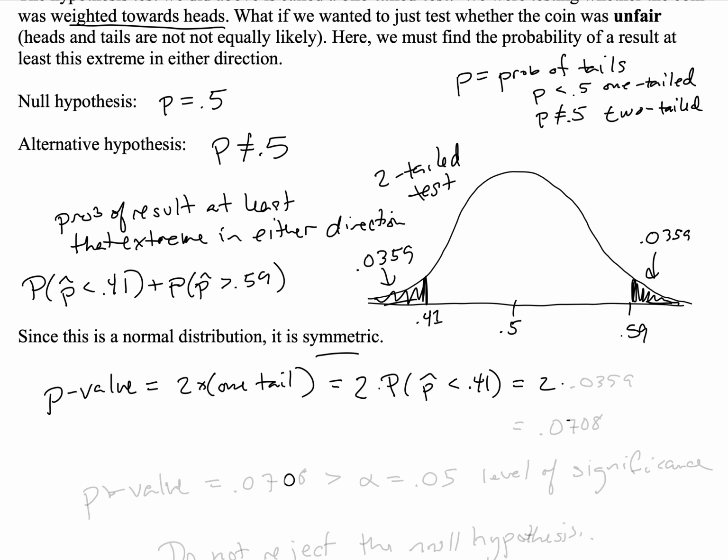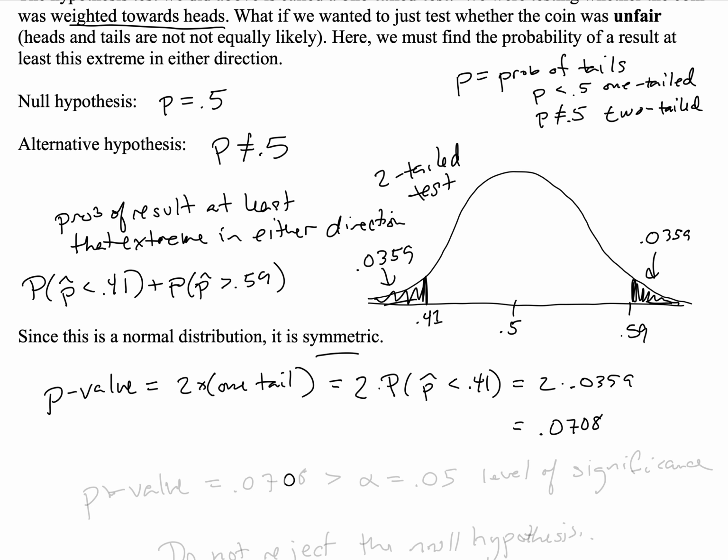That's 2 times 0.0359. And if we multiply that out, we get 0.0708.